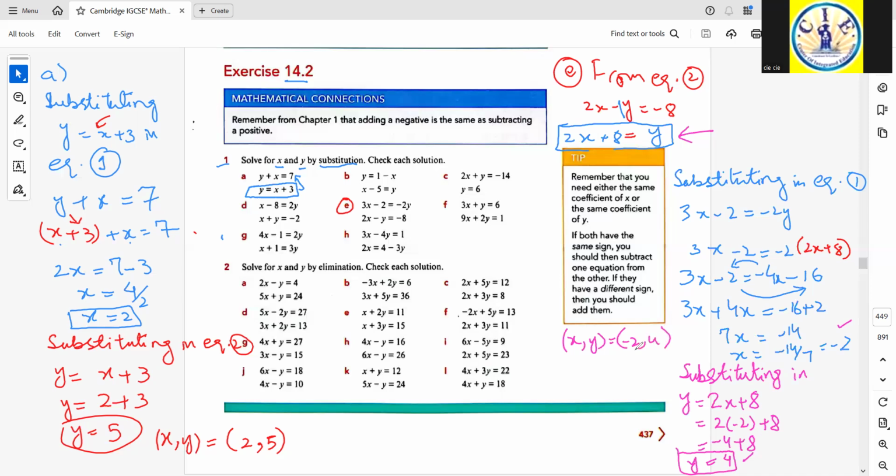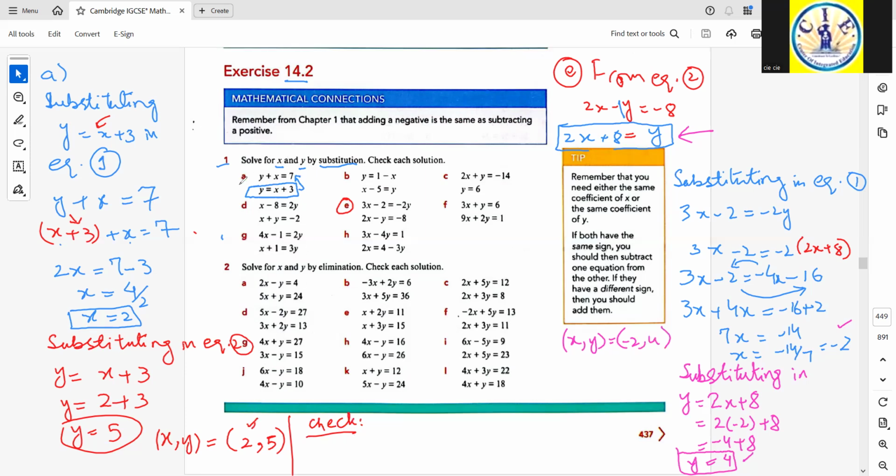Once we have got these answers for these simultaneous linear equations, we can check whether our answer is correct or not. Though it is not the requirement of the question, we can just see it. We can replace this value in either of the two equations.